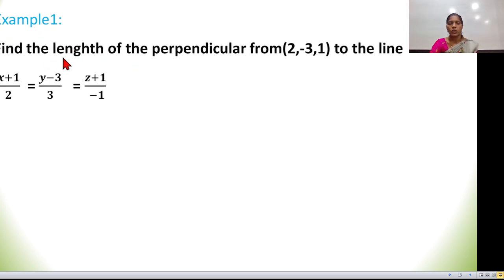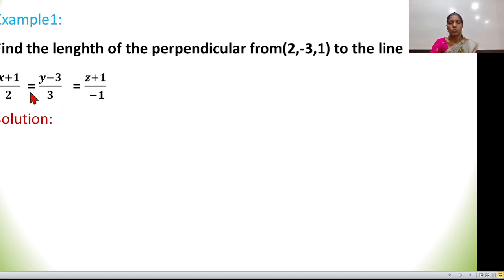We have to find the length of the perpendicular from the point (2, -3, 1) to the line (x+1)/2 = (y-3)/3 = (z+1)/(-1). So here we have to find the perpendicular distance from this point to the line.